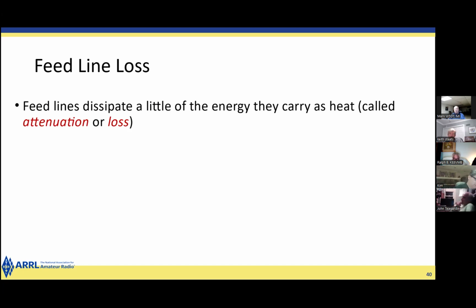You're just heating up the coax or the feed line. So it's incumbent on you to do everything you can to get that antenna trimmed and balanced so that it's working at the antenna.